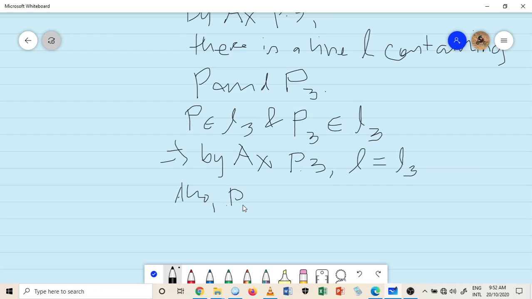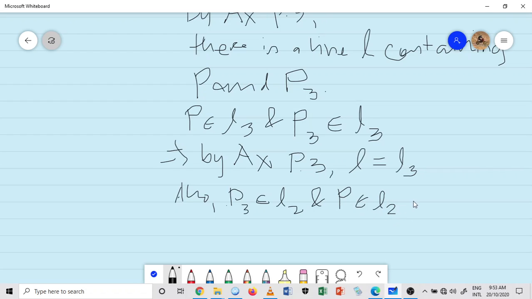P3 is also contained in L2, and since P is common to L1, L2, and L3, P should also be in L2.